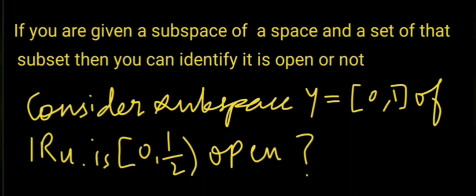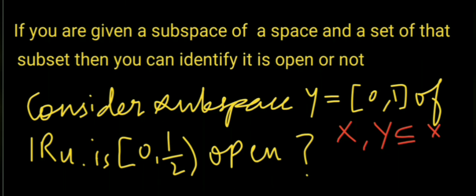It means that if X is any set and we are given a subspace Y, a subset of X, and again we are given a member A from this set Y, then by the property of subspace topology we can identify whether this member A is open or not.